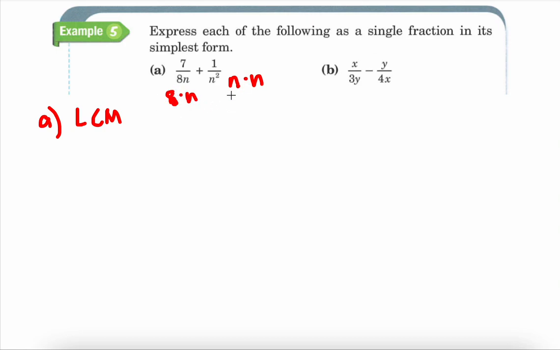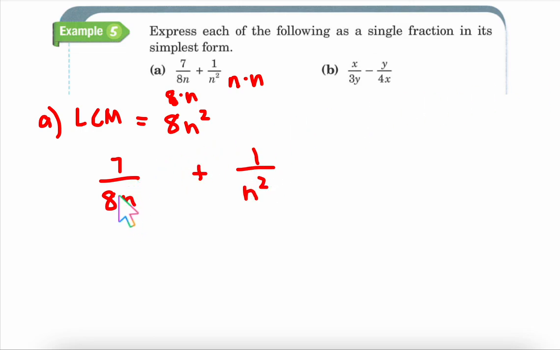So I know they both have n in common, but my first denominator is missing an extra n, right? And my second denominator is missing that 8. So together, they could both get to 8n squared. So let's write down what that would look like if we were trying to get them to the same denominator.